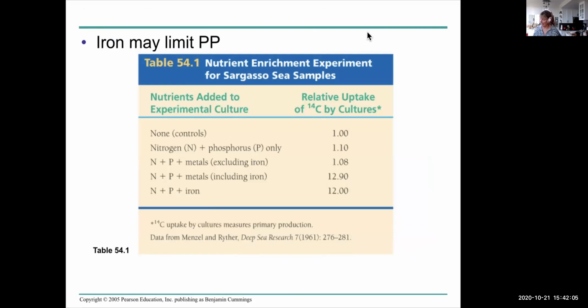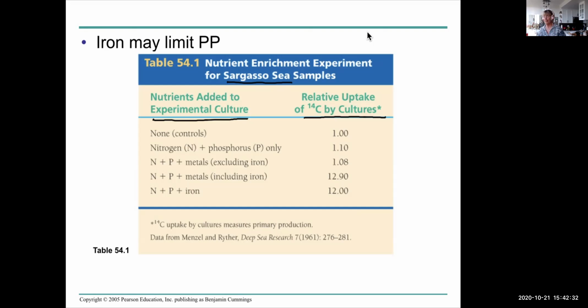So this is the Sargasso Sea, which is off the Gulf of Mexico. There have been studies done there about nutrients added to an experimental culture and the relative uptake of carbon-14 by those cultures. Carbon-14 is an isotope, so when organisms take it up, it can be detected.